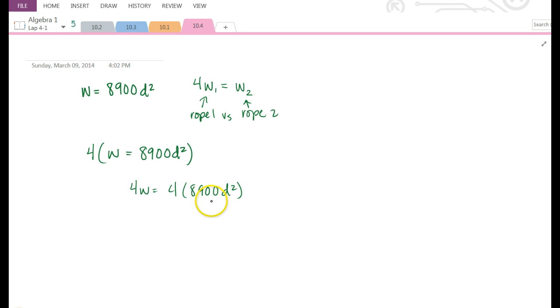Well, 8,900 is just a constant, so I'm just going to move the 4 with the D. Write it this way.